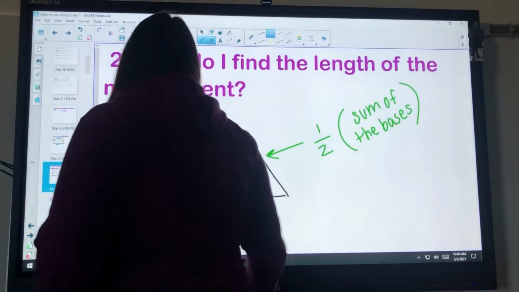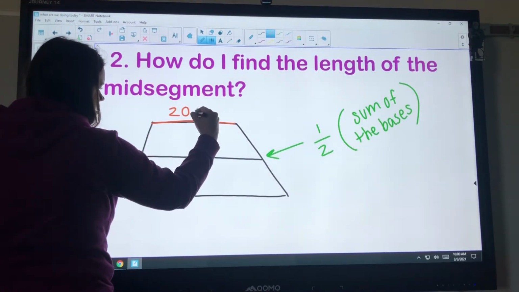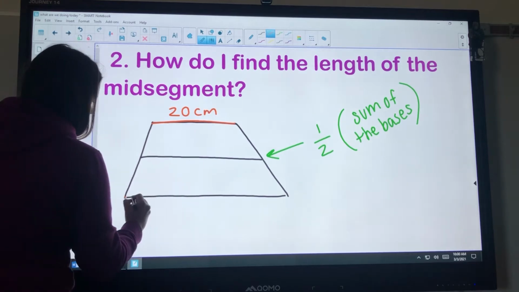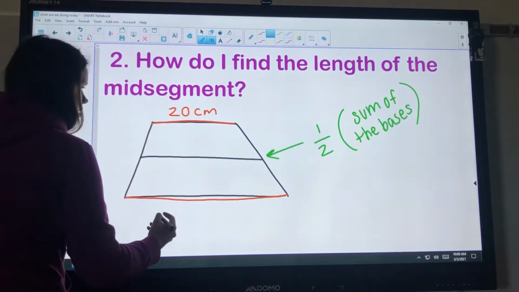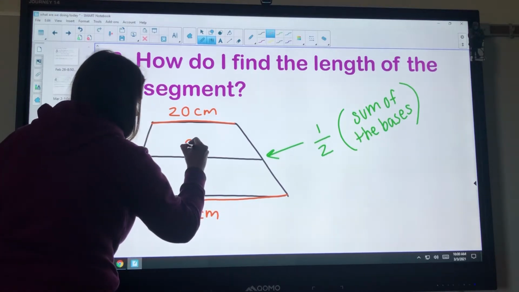So we'll do an easy one. Say the length of this is 20 centimeters. Maybe the length of this is 34 centimeters.